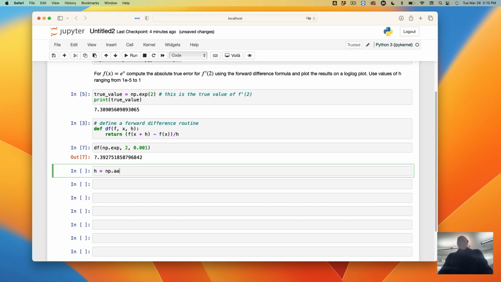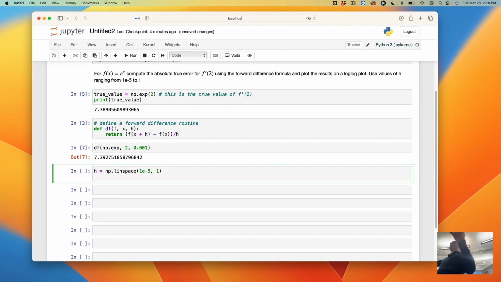You could do a numpy array and do 1e to the minus 5, 1e to the minus 4, etc., right? Or you can just create a linspace, which is easier. np.linspace, going from 1e to the minus 5 to 1. Okay, and it's going to default to 50 values. Okay, so those are the values of h.